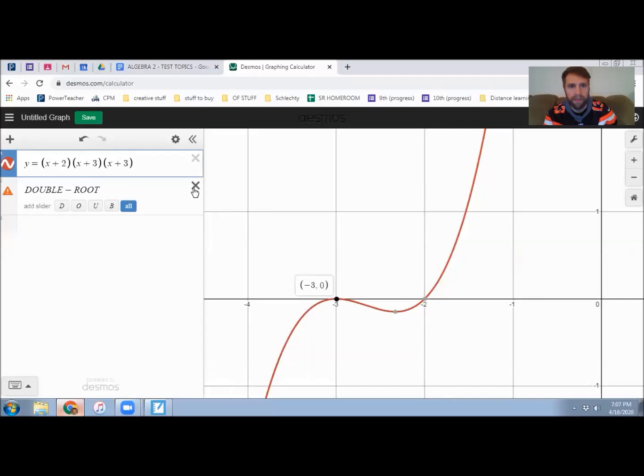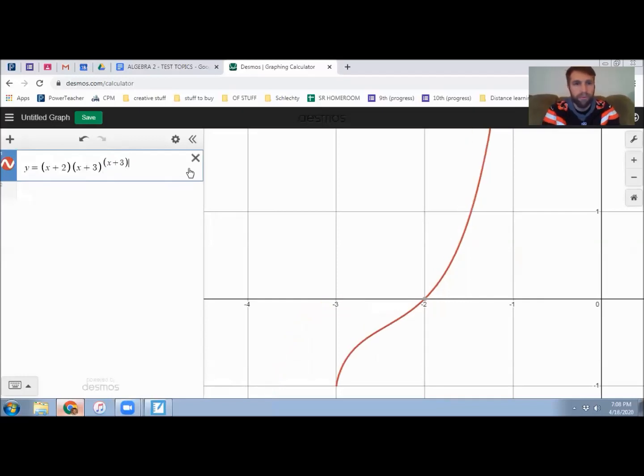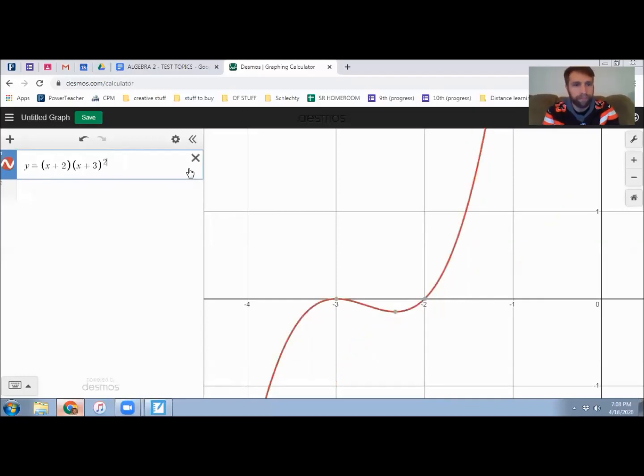This is the same thing that if I did x plus 3 twice, like I might see x plus 3 squared. That's the same graph there. So I could put it twice like that, or some people like to see the whole root written out, x plus 3, there it is, the same exact thing. So this right here creates a double root, or if we had it with an exponent squared there, this is a double root where it bounces off of the line.